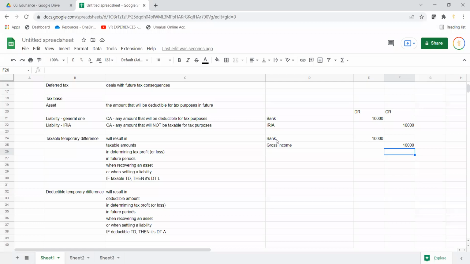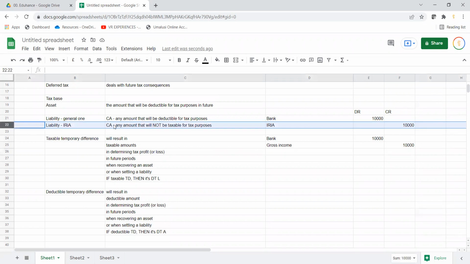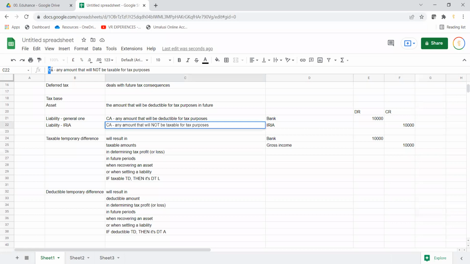So next year, when you actually provide the service, SARS is not going to tax you because they have already taxed you. So the tax base for this liability would be carrying amount, 10,000 Rand, minus any amount that will not be taxable for tax purposes.